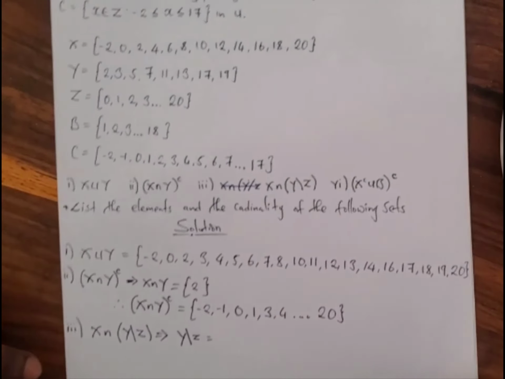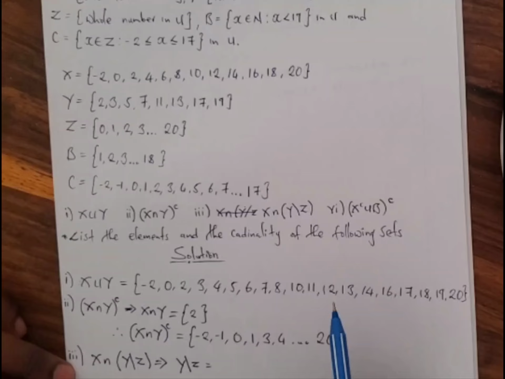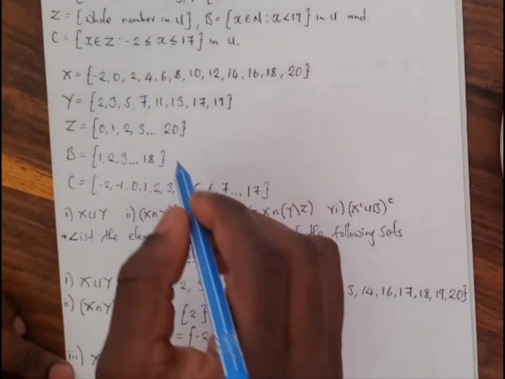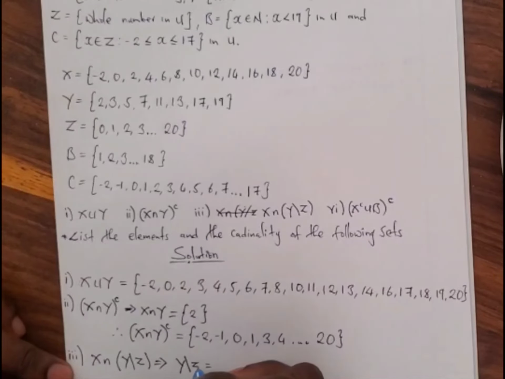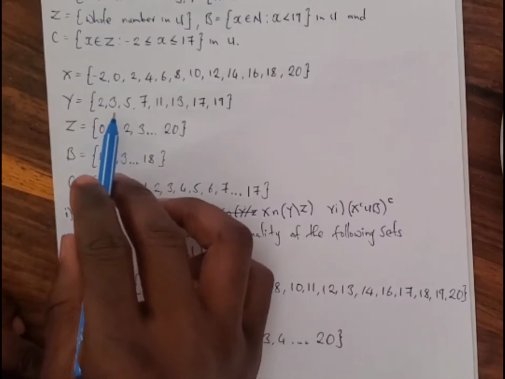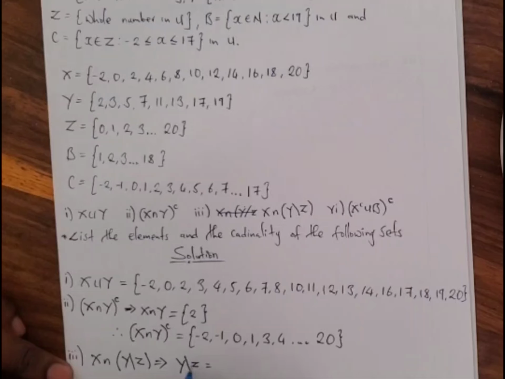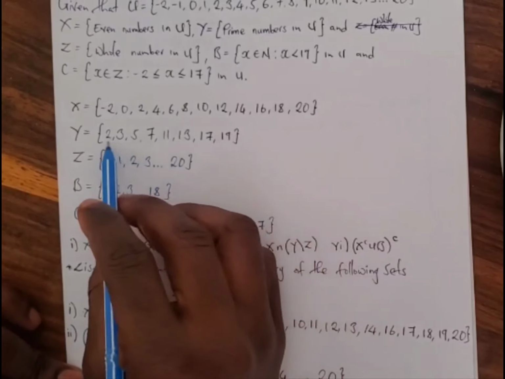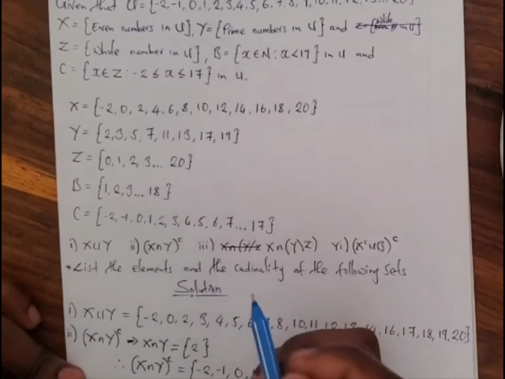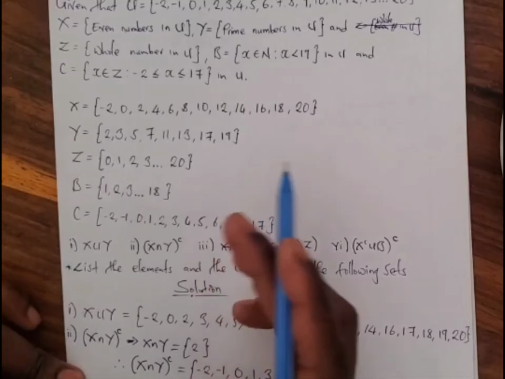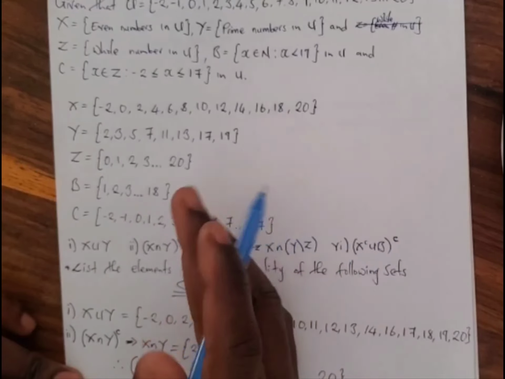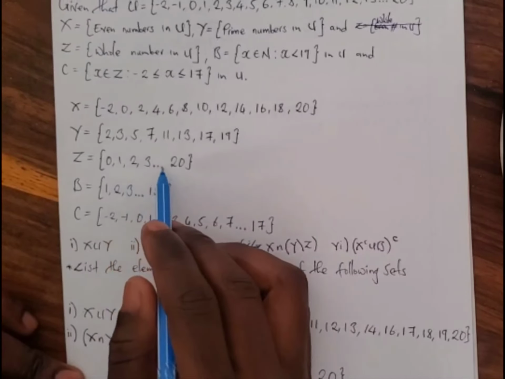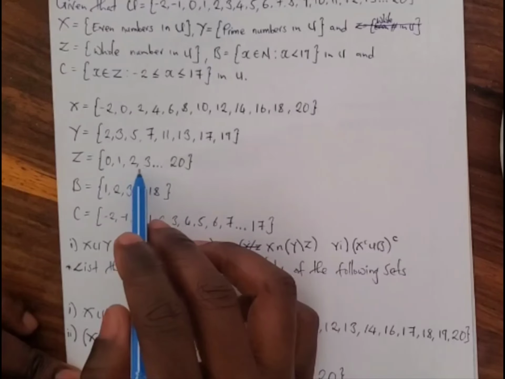So this is our Z. What they want us to do is to subtract elements in Z from Y. Our Y is here, and we are subtracting elements here. So Y minus Z: our Y is here, our Z is here. We have almost all the elements, let me just say all the elements in Z that are in Y.